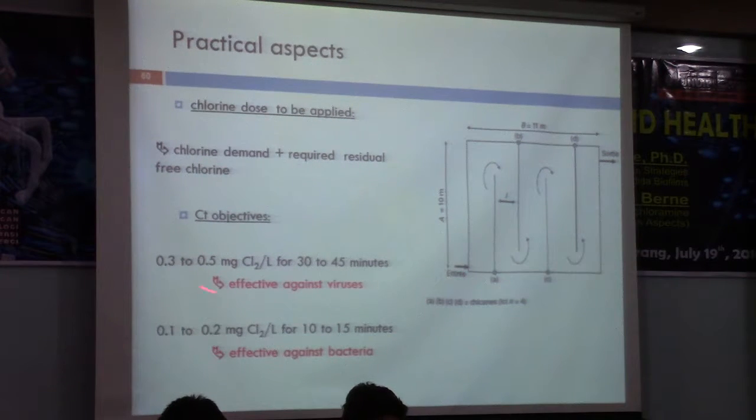And the dose or the CT objectives are generally 0.3 to 0.5 mg per liter during 30 minutes, for example, to be effective against viruses. It is more drastic than the CT required for the bacteria removal.